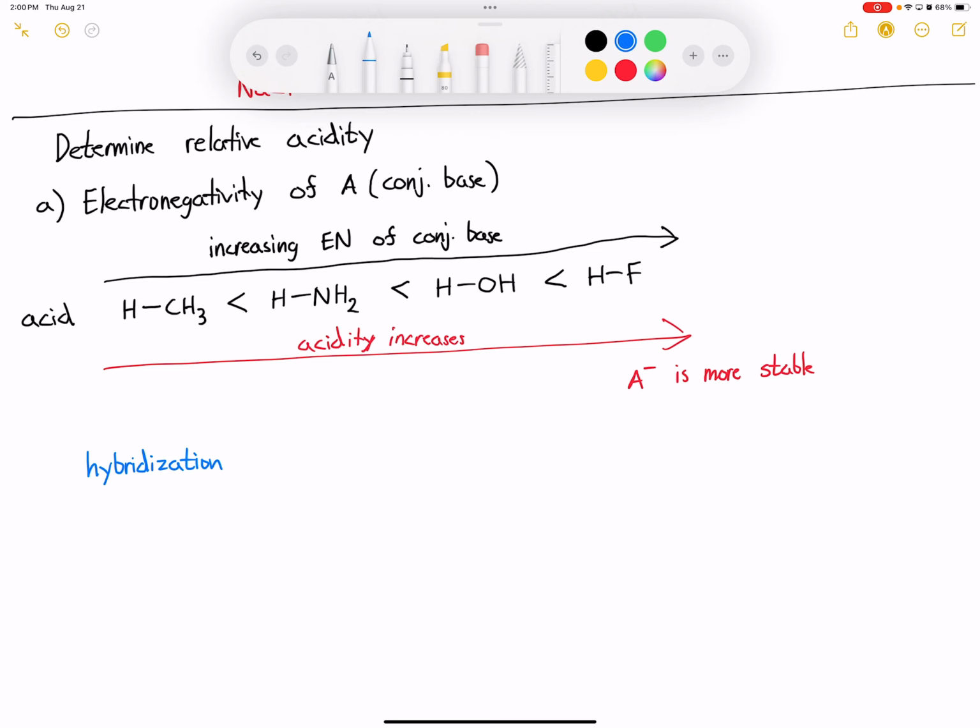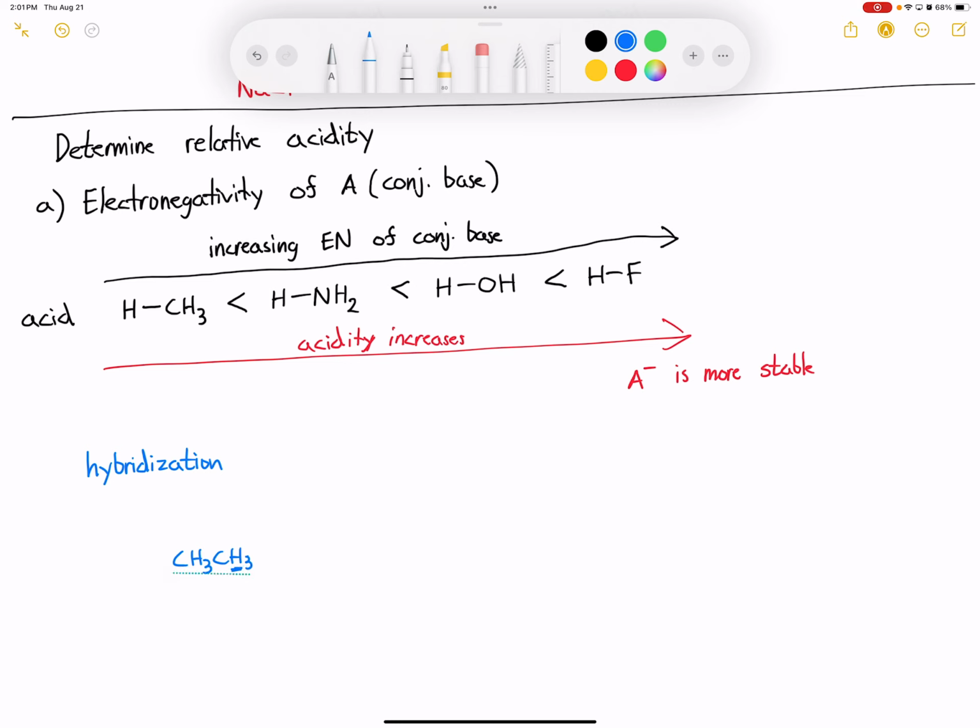So, let's draw our atoms here. CH3, CH3. Let's highlight one of these atoms just to illustrate what I'm talking about.